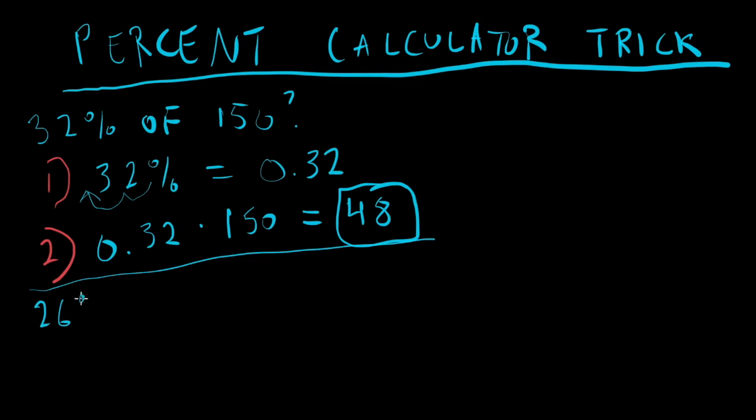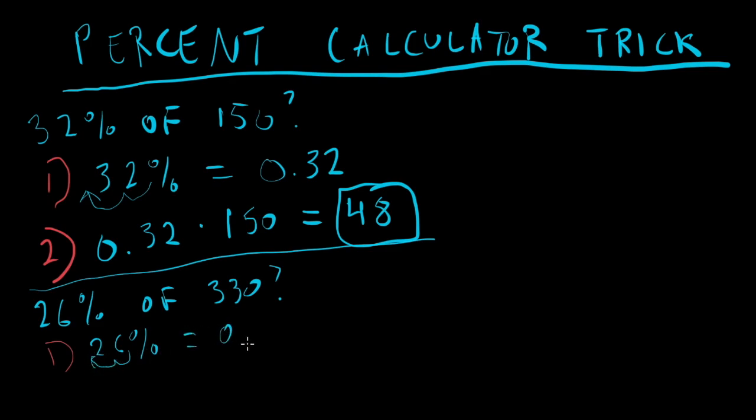So if we find 26% of 330, I know you already know the answer to this from the last section, but I want you to solve this out. 26% of 330. So take a second and try to solve this using your calculator. Okay, so what you should have done is first convert to a decimal. So we have 26%. Move it twice to the left.